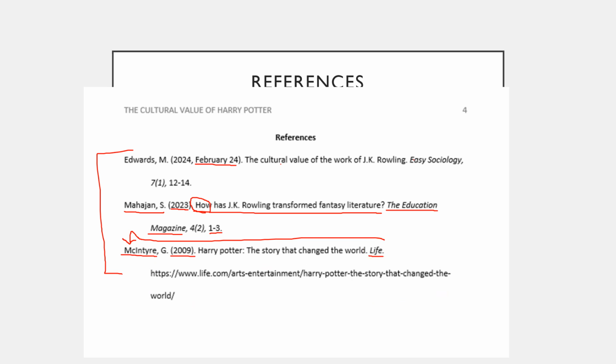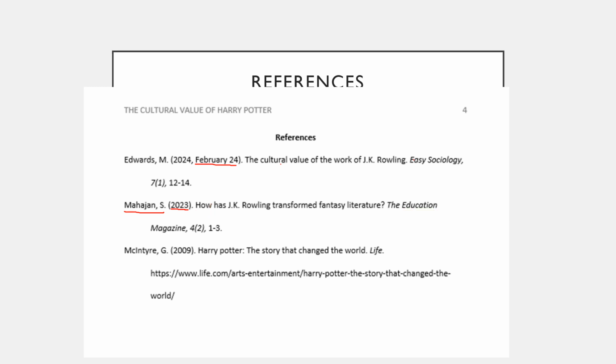Okay, so we talked about if you don't have an author's name and you're looking at a website. So let's say we're talking about an article from the American Heart Association, and there's no author. American Heart Association would be my author.